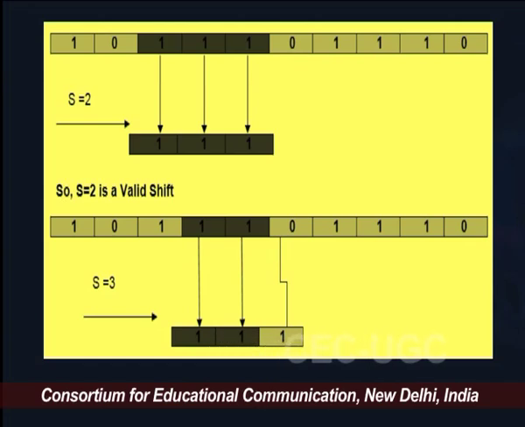Now, we have 1 0 1 1 1 0 1 1 1 0 as the text, which was there earlier, and 1 1 1 as the pattern. After S equals 2, that means after shifting the pattern twice, we are comparing the third character of the text, which is available at the second position starting from 0.